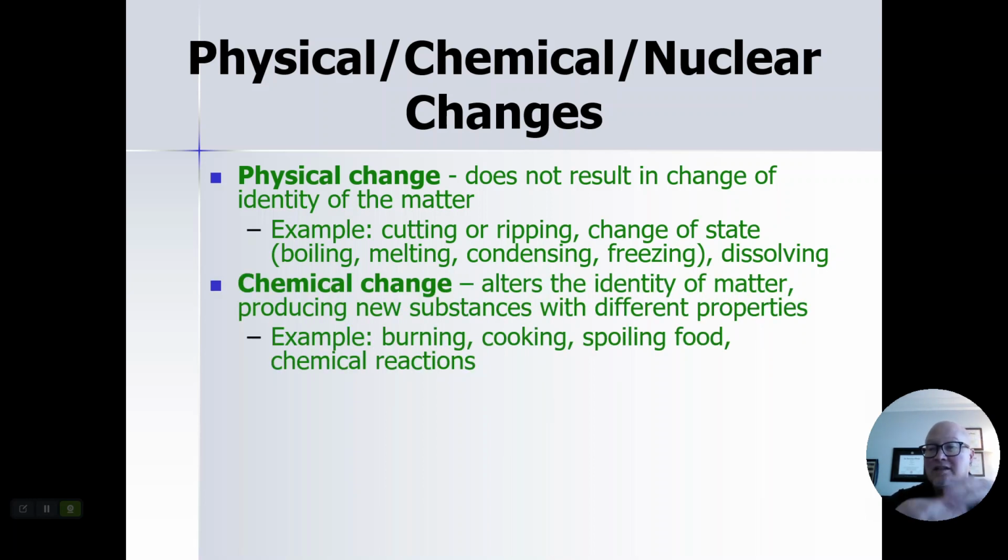Chemical changes literally change the chemistry, the chemical makeup of whatever it is that you've got. If I take those pieces of paper and I burn them, I set fire to them, now I've got a chemical reaction happening, combustion. And what I end up with at the end isn't the same paper anymore. It's what you get at the end of this chemical reaction.